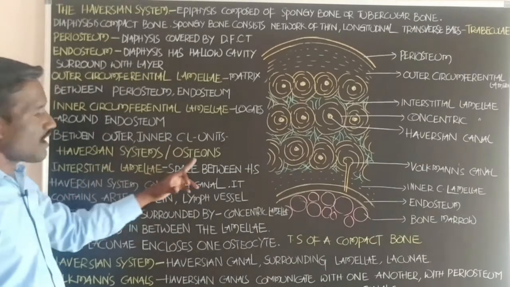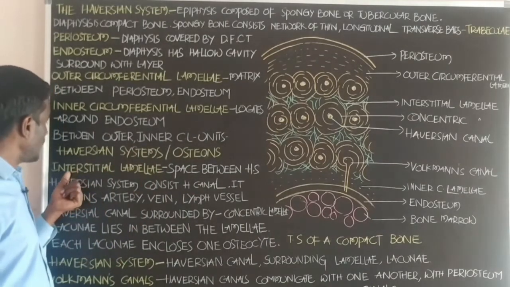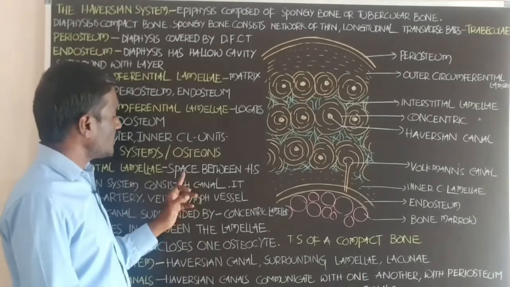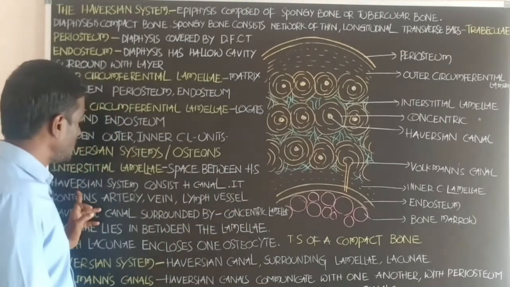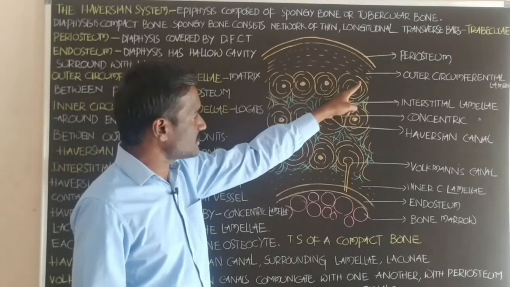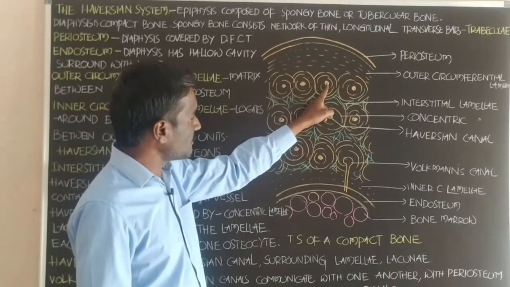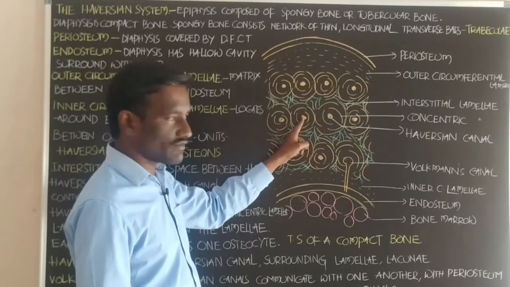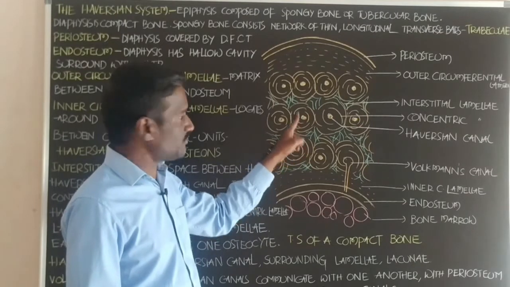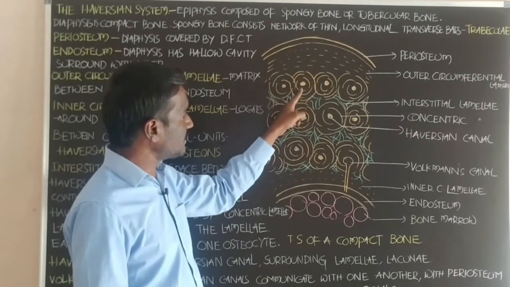Now the interstitial lamellae. Students, this is one Haversian system, and this is another.